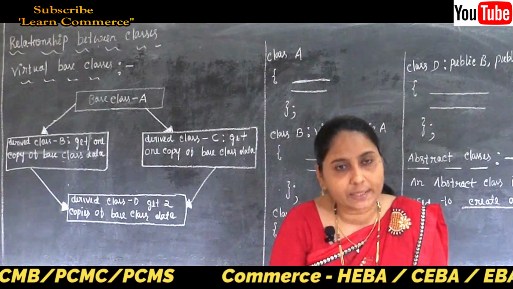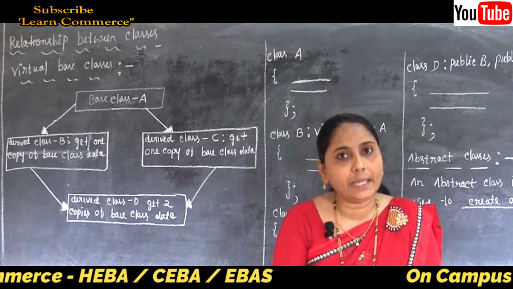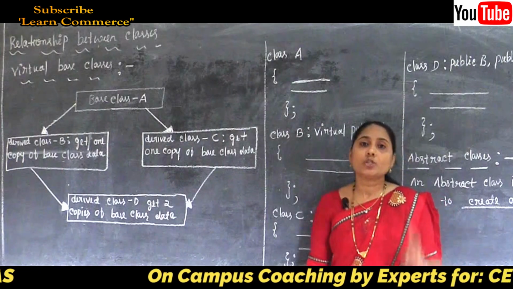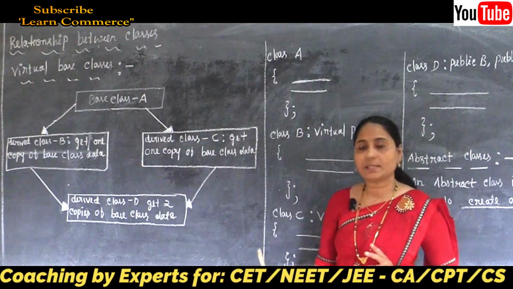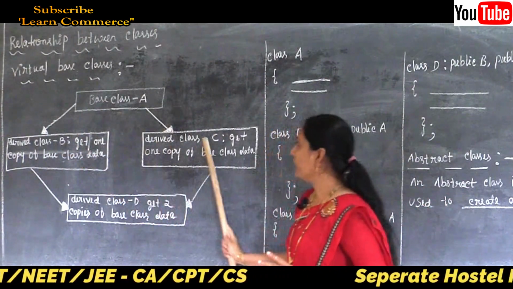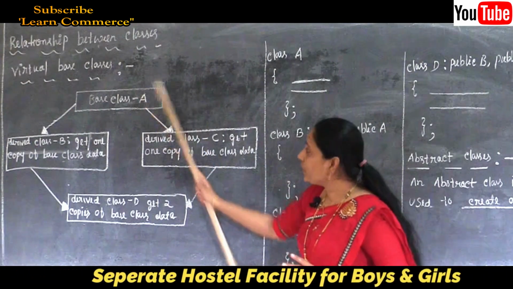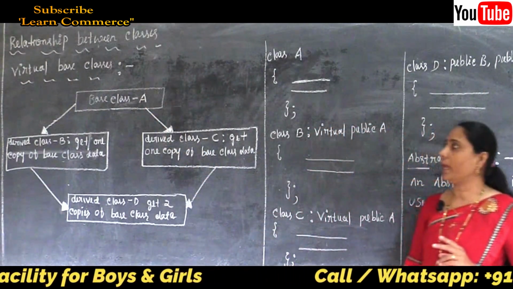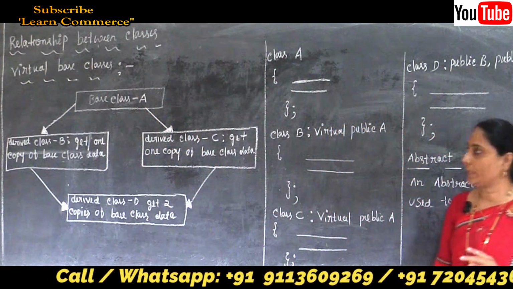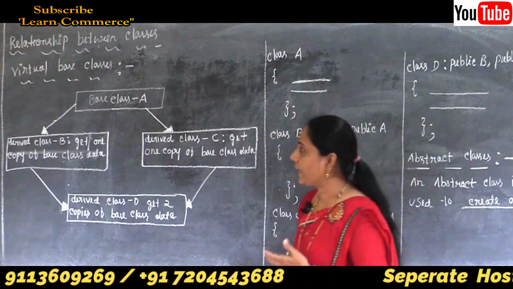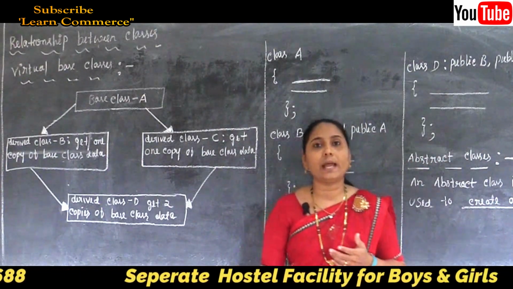That means derived class D is constructed using two base classes, B and C. I also want to explain each part of the diagram I used here.